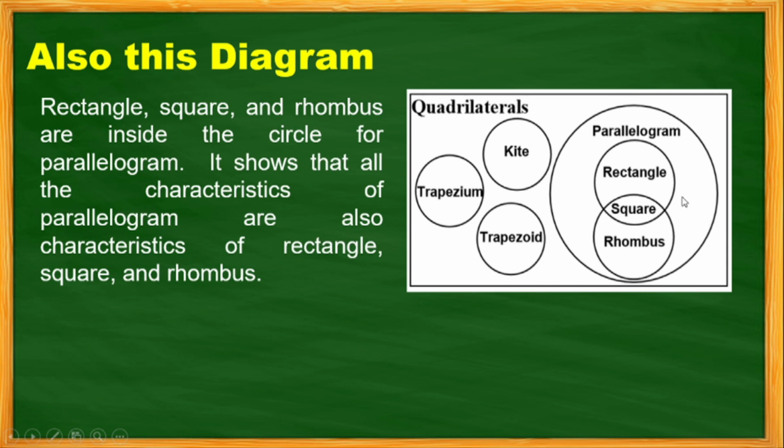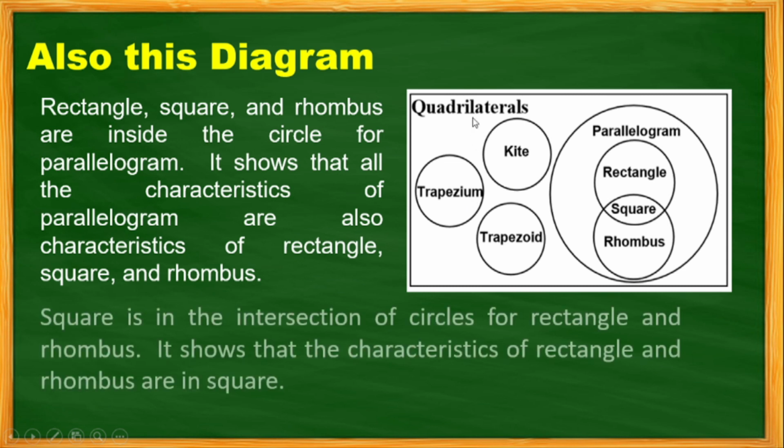A parallelogram can be a quadrilateral, and kite, trapezium, and trapezoid are quadrilaterals. The intersection of the circles for the rectangle and the rhombus shows that the characteristics of the rectangle and the rhombus are in the square.